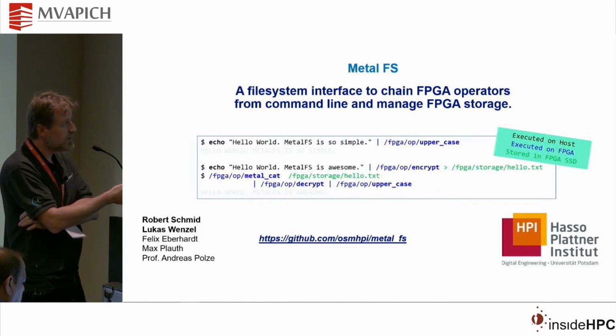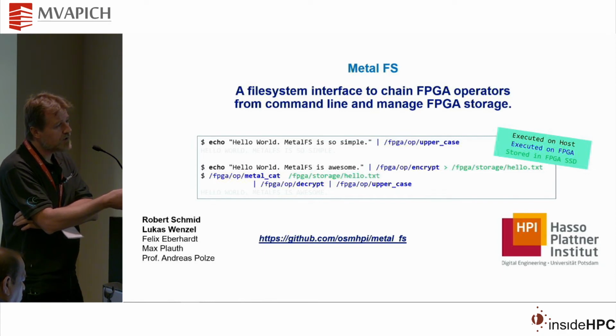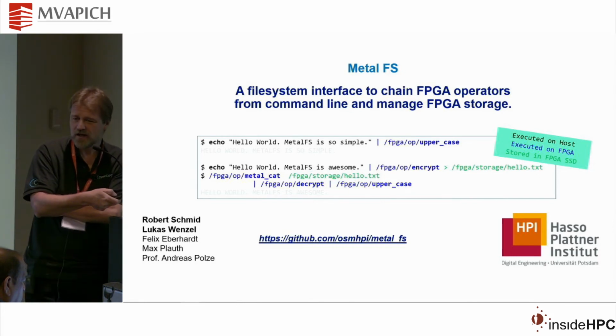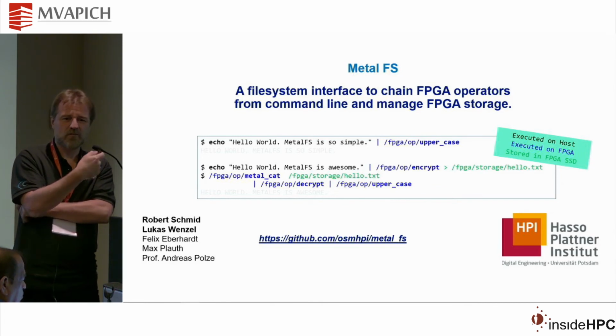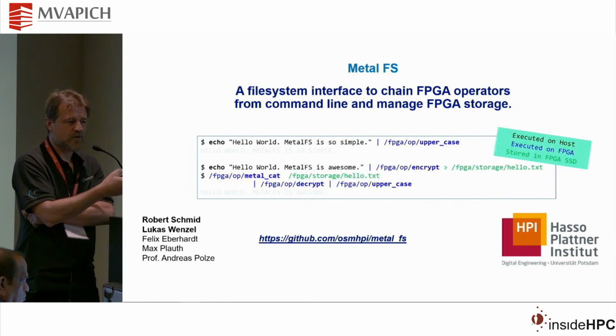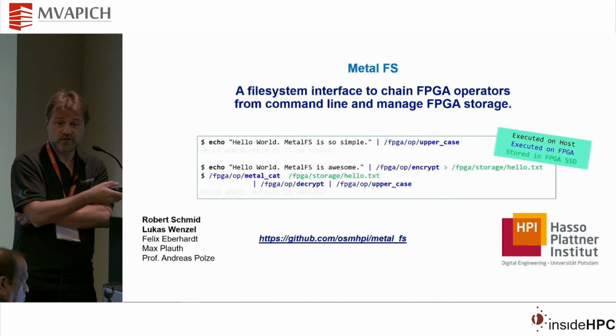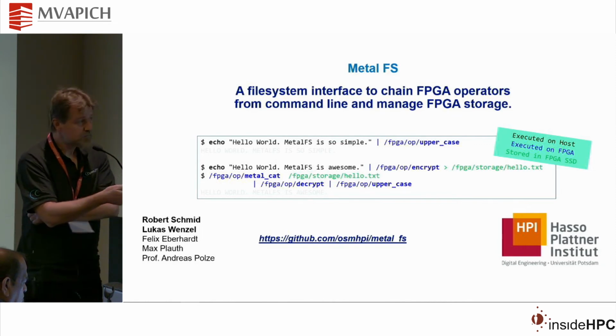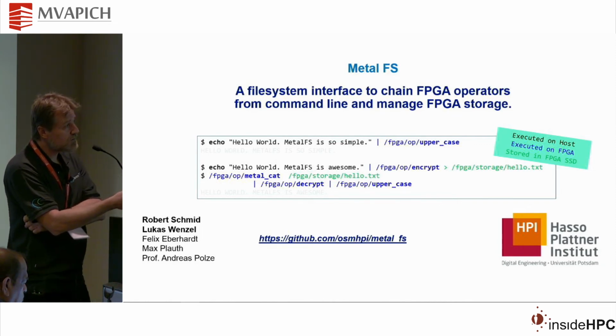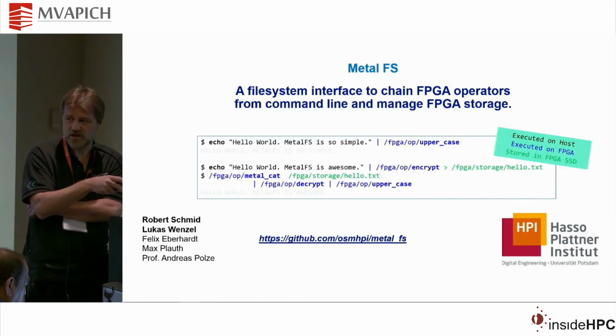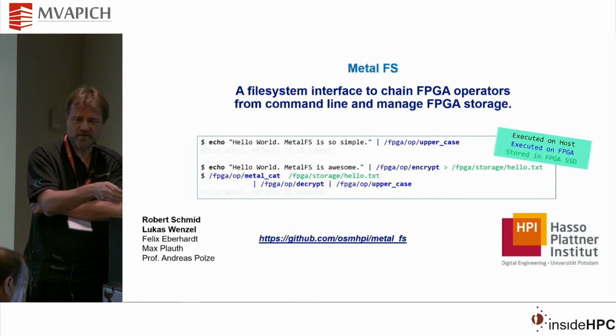So the goal was to say you have a very simple string, you pipe to, so black would be executed on the host, and blue would be executed on the FPGA, while green would be storage in the FPGA. And they wanted to make these operations completely transparent to the user. You understand what I mean? So you put a string, and you say pipe, I want this string to be converted to uppercase in the FPGA as an action that I have described in the FPGA.